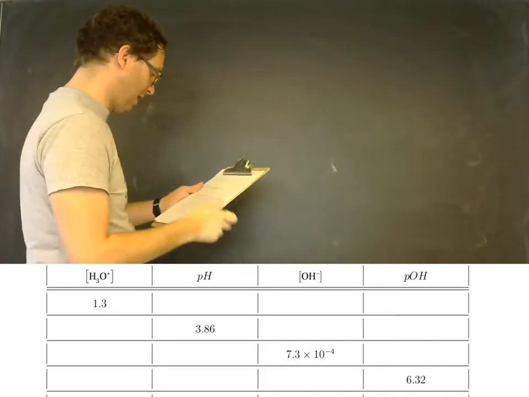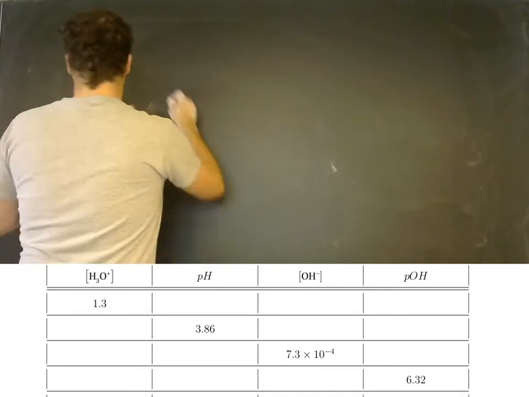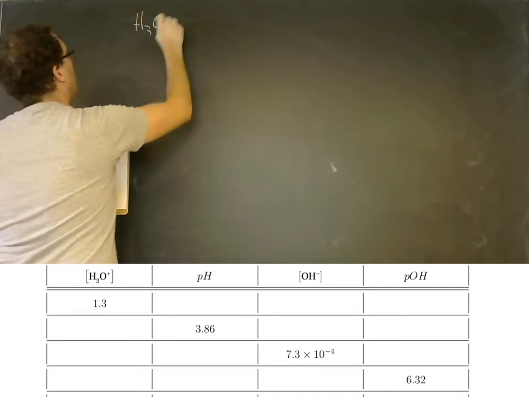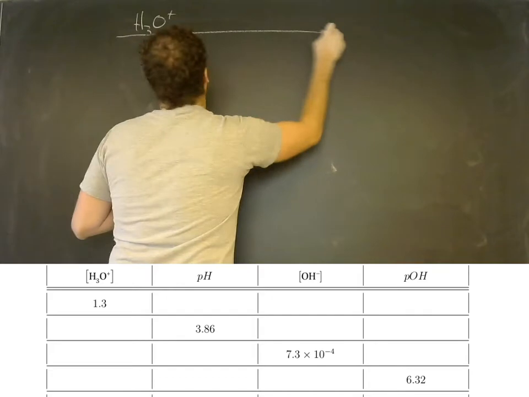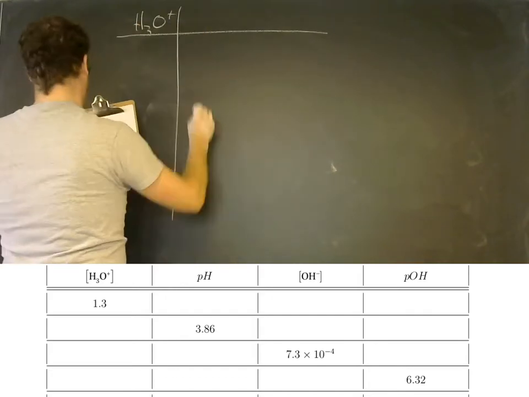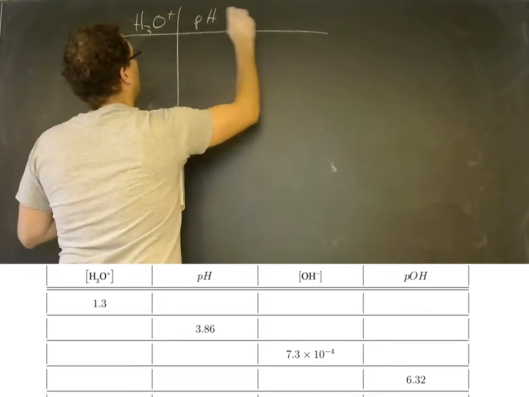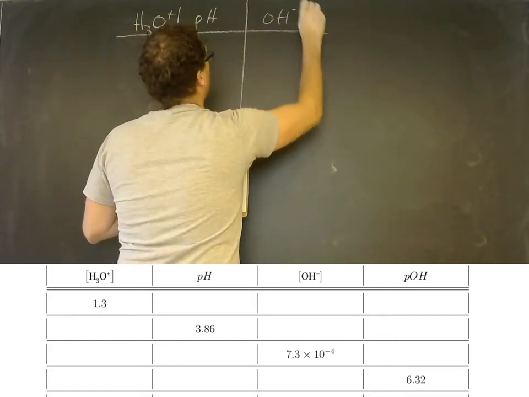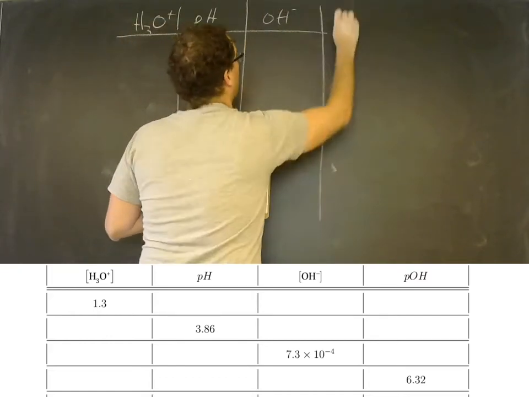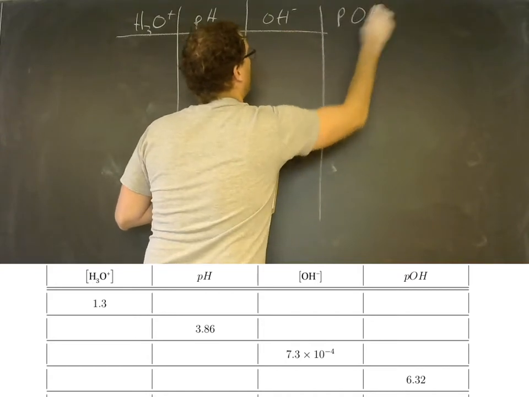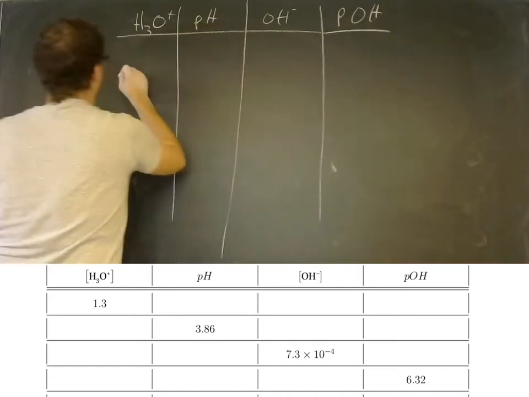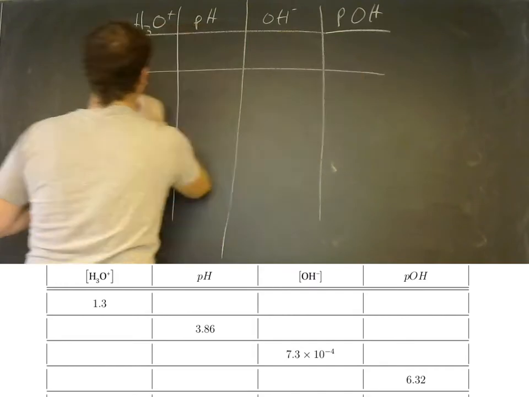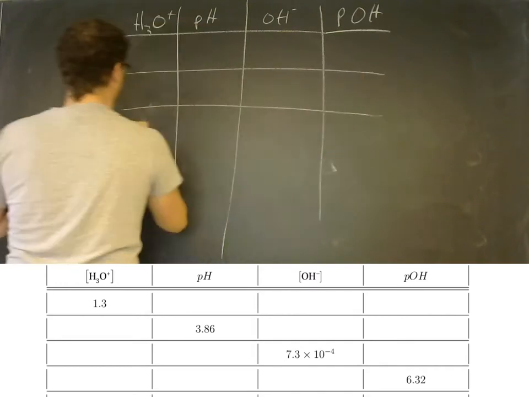So anyway, what we have is H3O plus and pH and OH minus concentration and pOH. And I'll just do the first half of this.